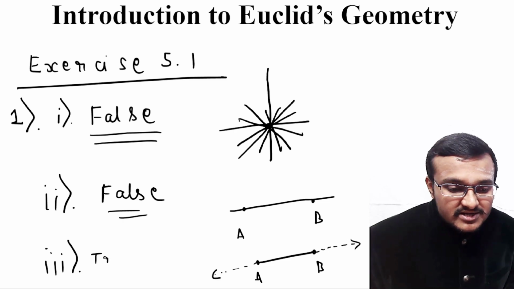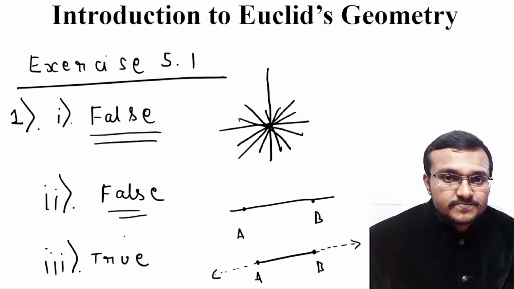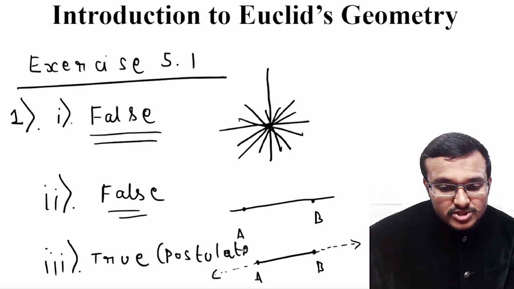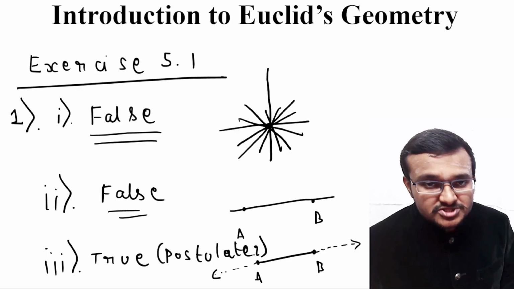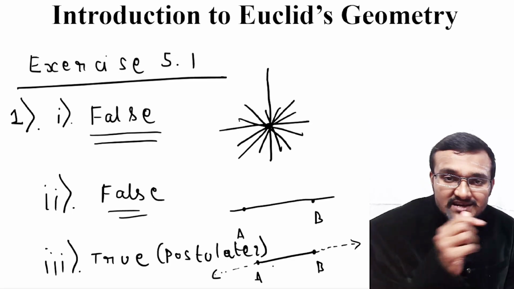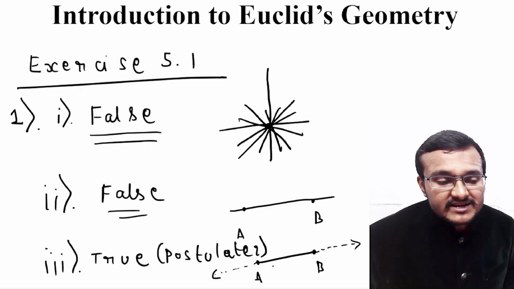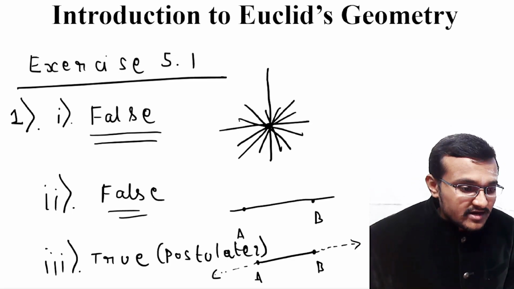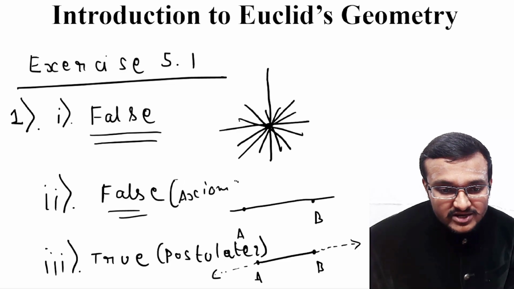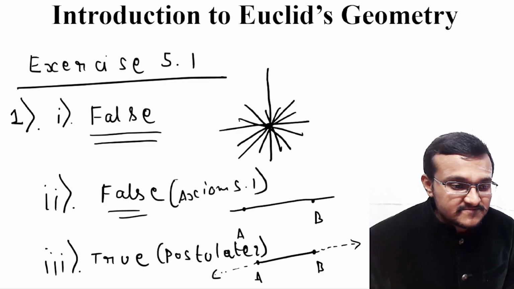So this statement is true, and postulate 2 supports it. Postulate 2 of Euclid's postulates says a terminated line can be extended indefinitely on both ends. For the second question, you can give axiom 5.1 as the reference.